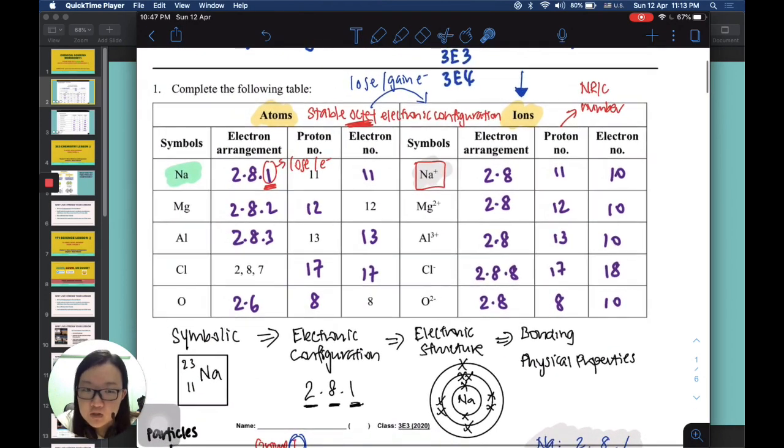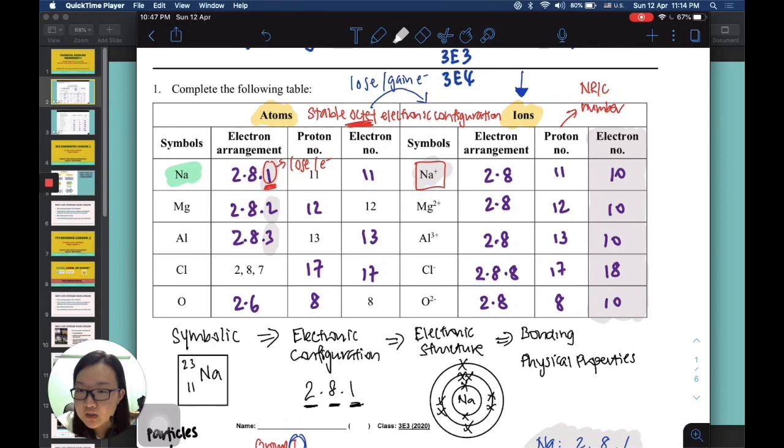So for ions, I guess the only thing that you really need to take note of is the electron number. Because like I said, in forming ions, you gain or lose electrons. So you need to count very carefully, and most students will get it wrong at this part. So please do your corrections accordingly.